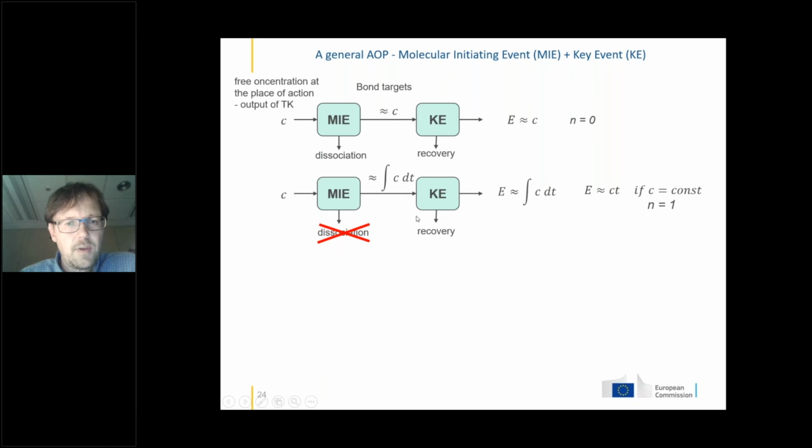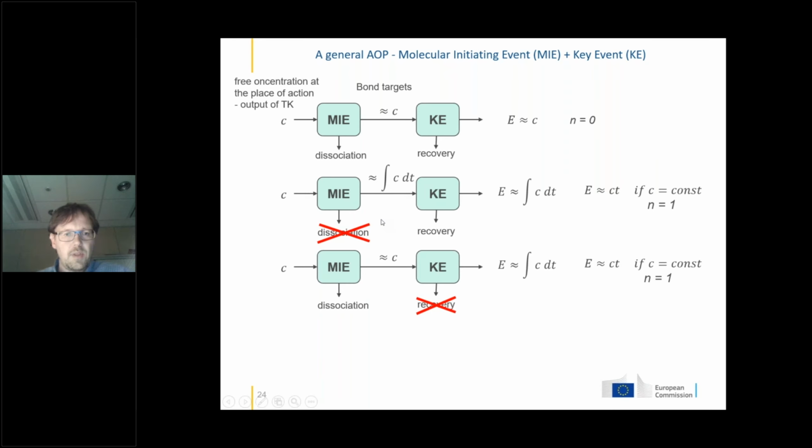And if here we suppose that the recovery exists, then the effect will be proportional to the input of the key event. So it's simply the integral of the concentration over time. And if the concentration at the place of action is constant, then you get this relationship, which is the Haber rule. So n equals 1.